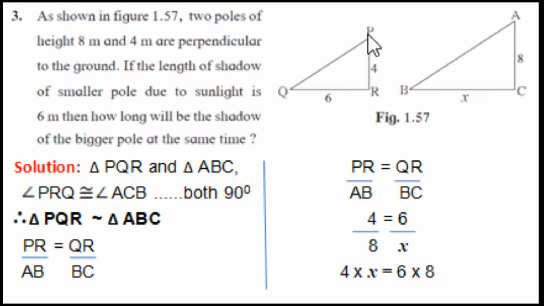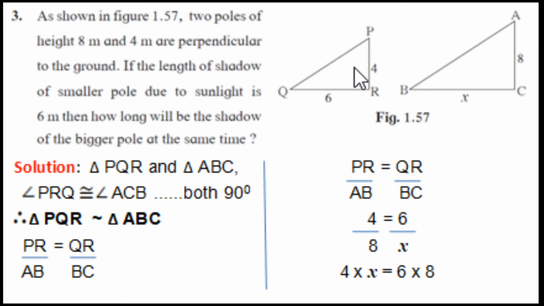Now see the poles PR and AC, these poles are always perpendicular to the ground. Therefore in triangle PQR and triangle ABC, angle PRQ is equal to angle ACB because both are 90 degrees. Therefore these two triangles are similar.